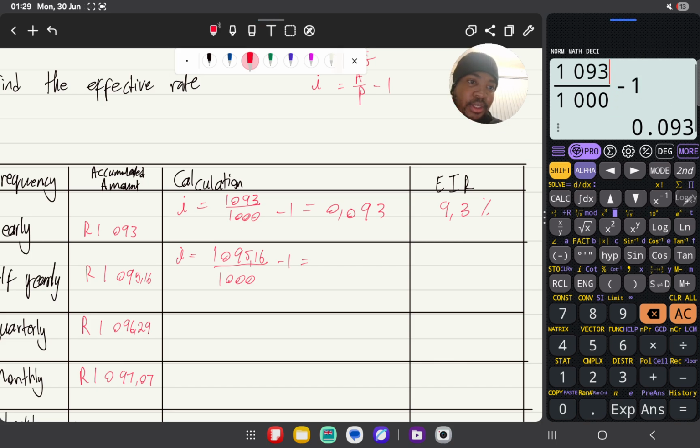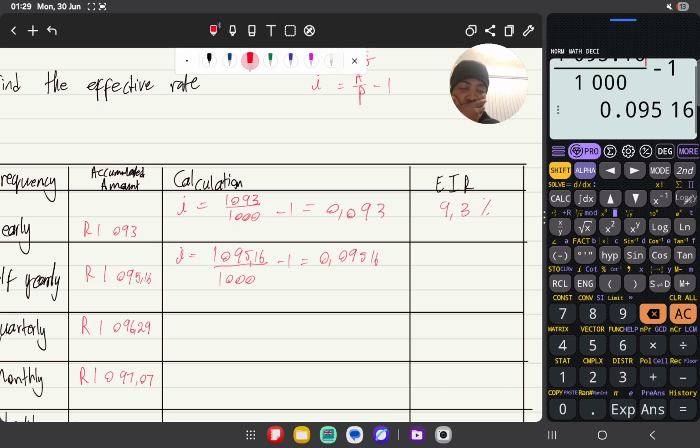Go to the calculator. We're getting 0.09516. And in terms of percentages, that's going to be 9.52%. Now you see the percentage starts to change, right?